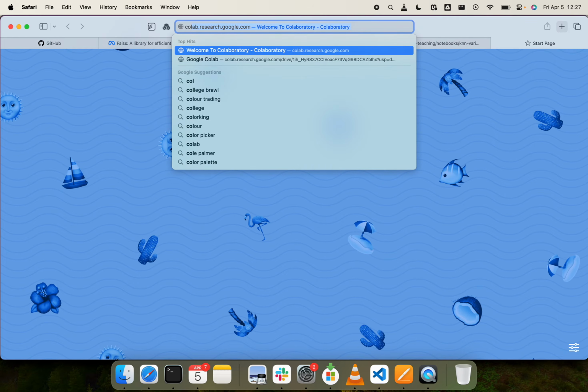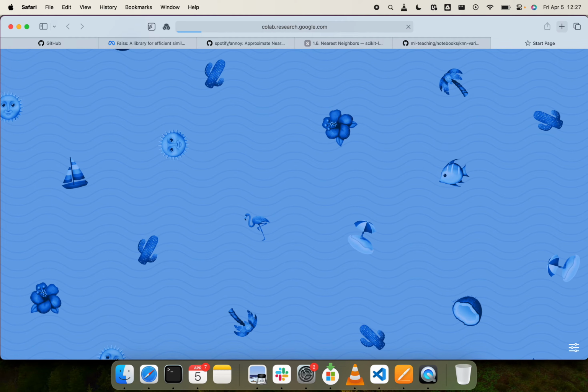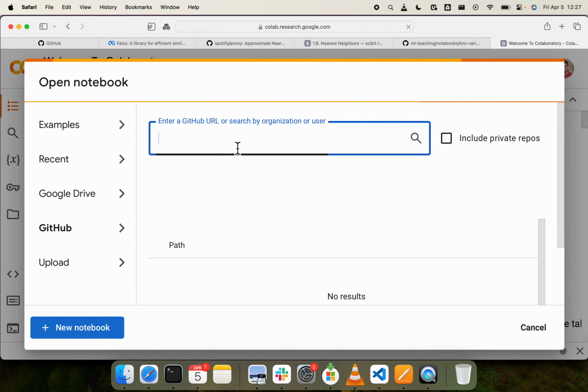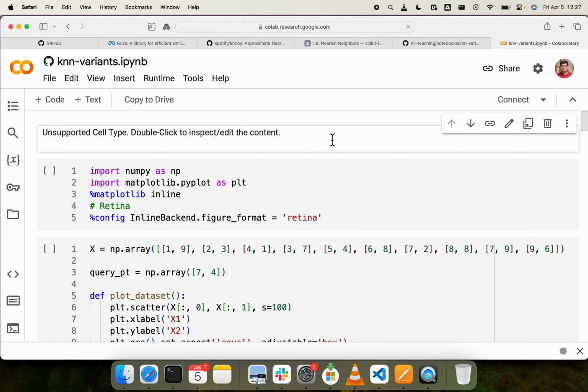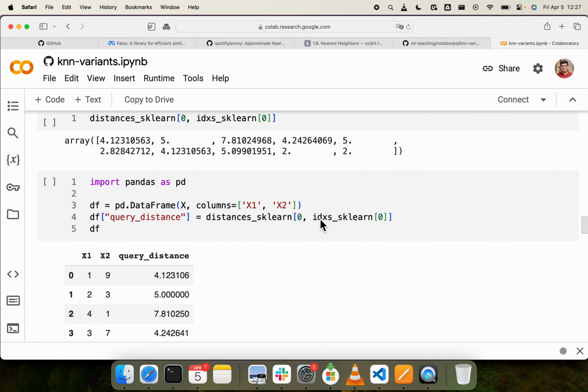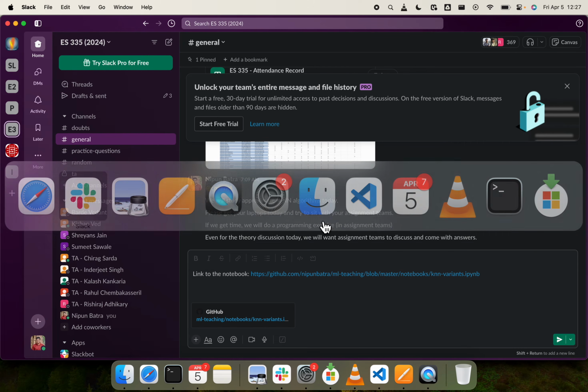And I don't know if you know this or not, but Colab also lets you open any notebook hosted on GitHub. So you could go to GitHub and give the full path, and that should also work.